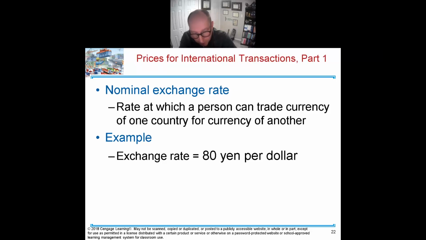Okay, $1, I could probably get 90 euro cents. $1, I could get $1.10 Canadian. $1, I could get 20 pesos. Okay, so the idea here is that you're exchanging one currency for another. Or I could get 80 Japanese yen for $1. Actually, technically, today it's 100 yen for $1.